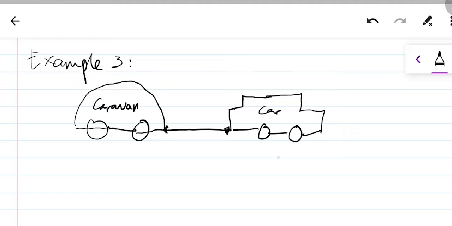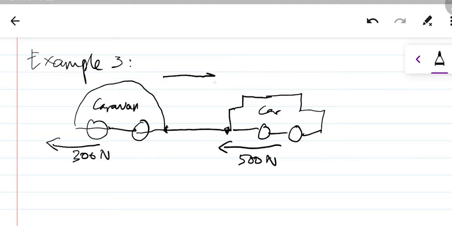Let's say the frictional force experienced by the caravan is 300 Newton, and the car experiences 500 Newton. Both car and caravan have acceleration equal to 2 meters per second squared.